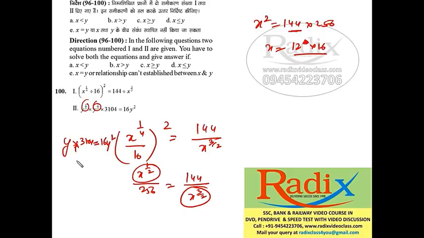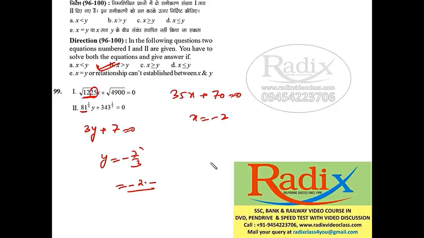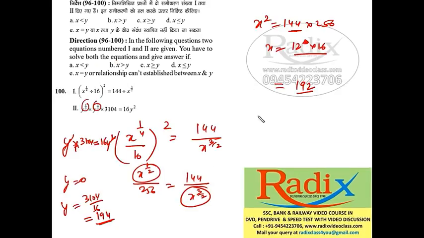So if we cancel one y, it would be 0, and the next value of y is 3104/16. If we divide this by 194, this product is 192, so y lies between x, so we can say the answer of this question is E option.